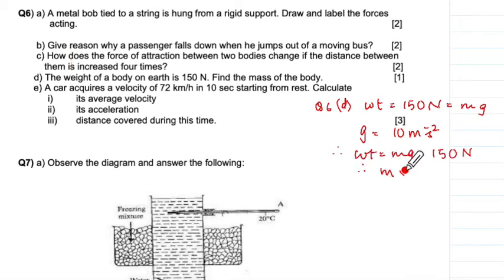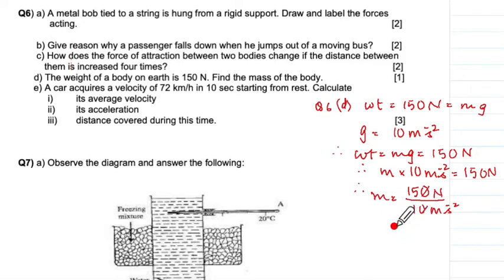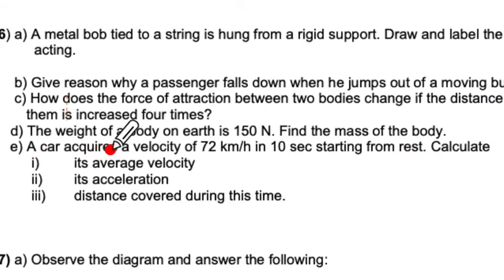Therefore, m multiplied by 10 meter per second square is equal to 150 Newton. And therefore, mass is equal to 150 Newton divided by 10 meter per second square. That will give us 15 kg, and that is the mass which we had to find, and that's our answer.